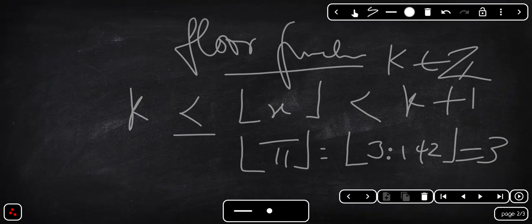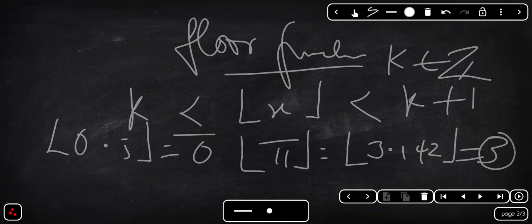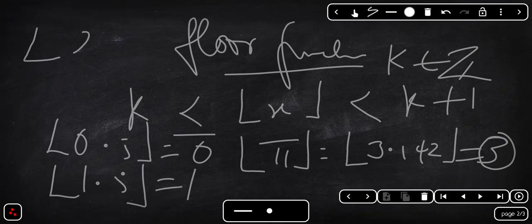That will be the floor function, the answer. If I ask you what is the floor function of 0.5, the floor function of 0.5 is 0. The floor function of 1.5 is 1. The floor function of e, your Euler constant, would be 2. So that is what I'm talking about.